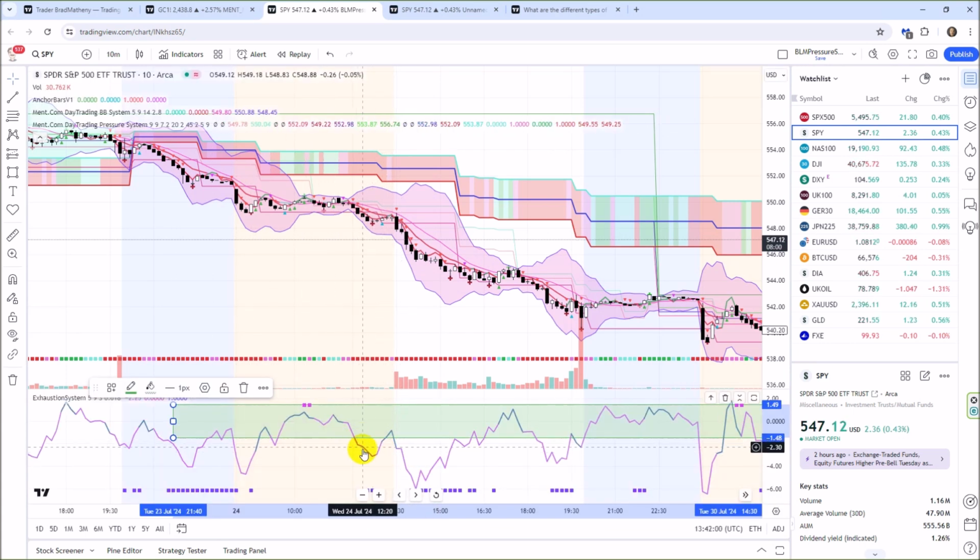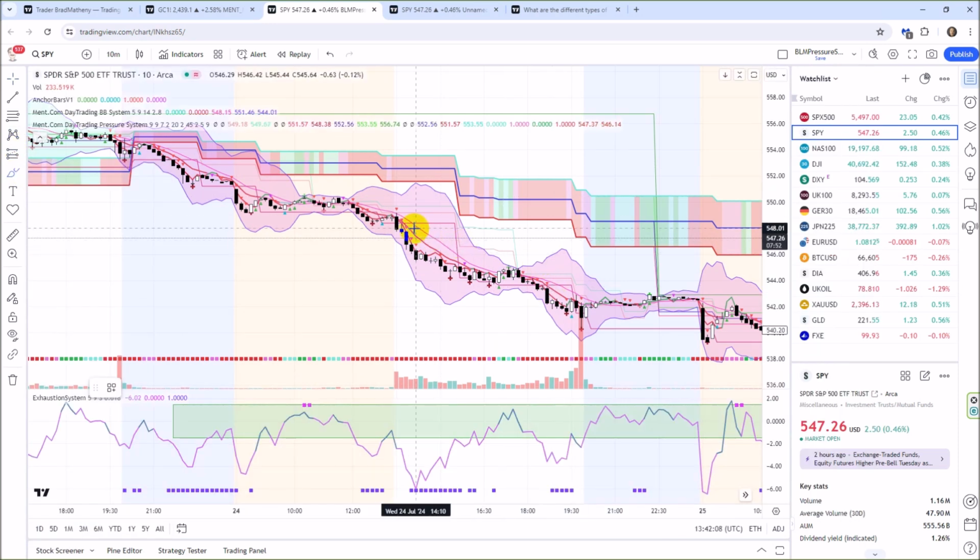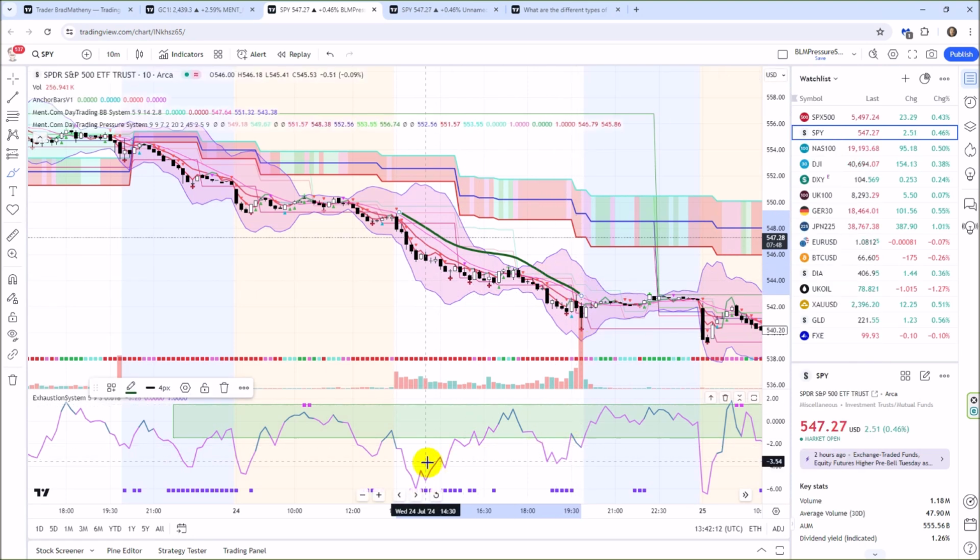So here you go. We're outside the range pre-market. We come back into it. We get outside of it. And look at this solid downward trending. This is really clean downward trending. And we stay in an acceleration phase and then a congestion phase. And this is where we start to get into weaker trending.